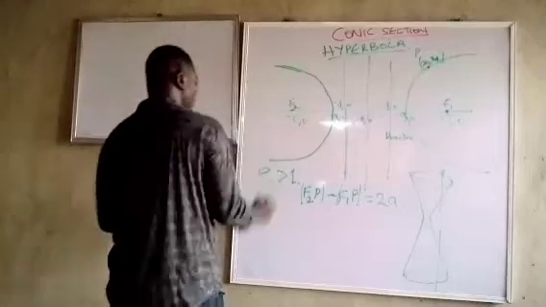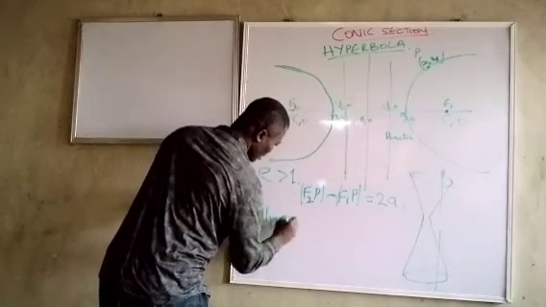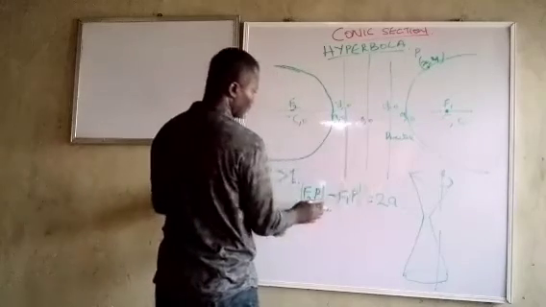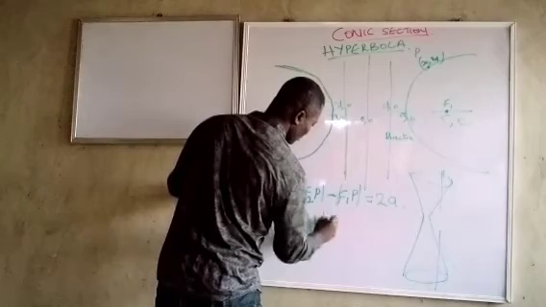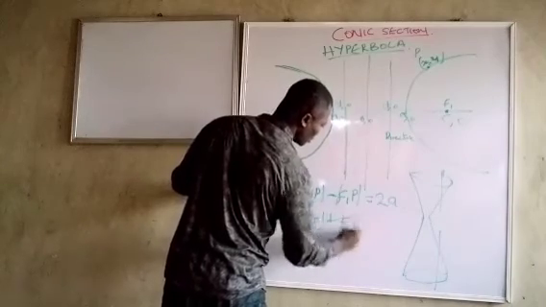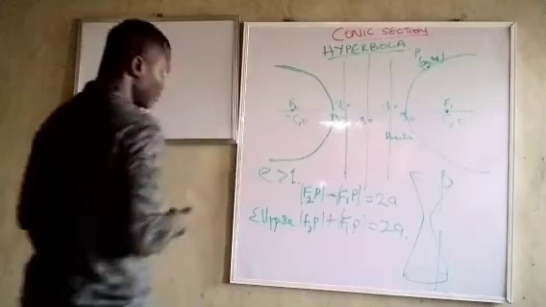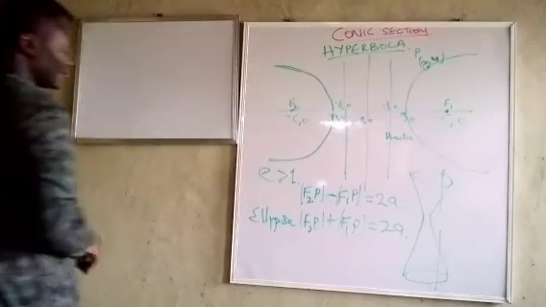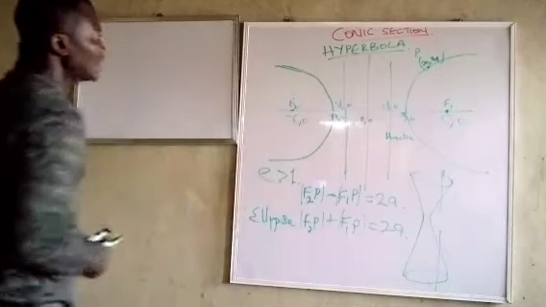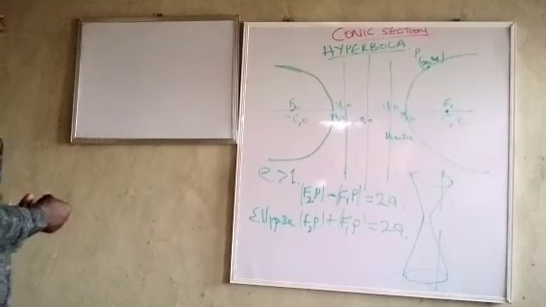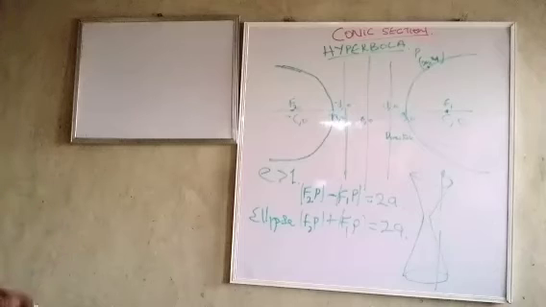But if it is an ellipse, the sum of the distances from the foci will be equal to 2a, where a is the distance to the vertices. Now, since we have these facts known already, let's derive the equations.